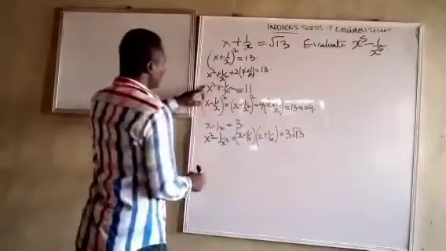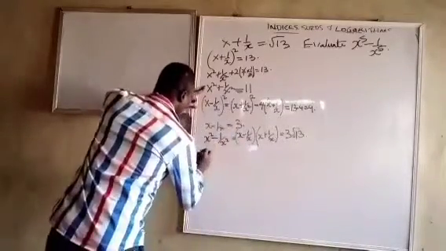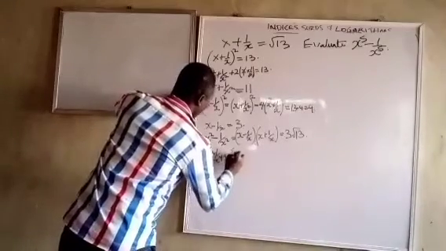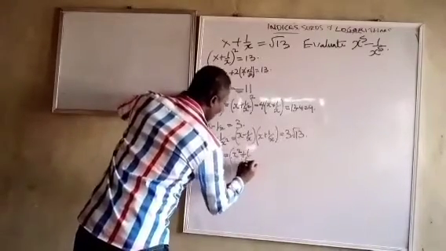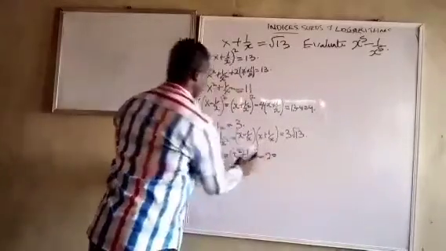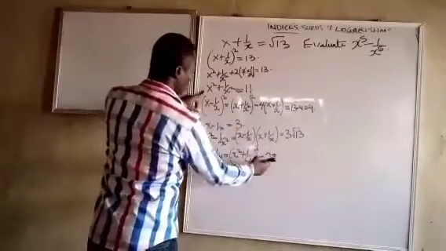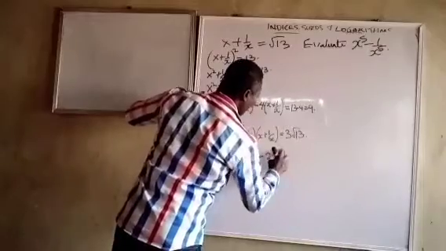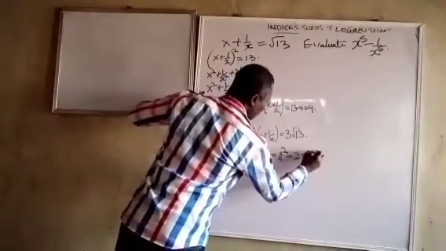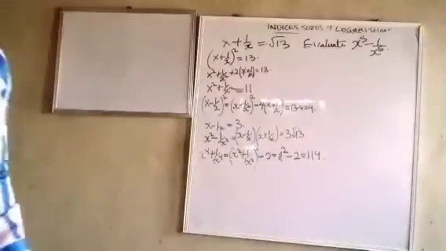How do we do that? From this place, we can get x raised to the power 4 plus 1 over x raised to the power 4 to be equal to (x squared plus 1 over x squared) squared minus 2, which is 11 squared minus 2, which is 119.